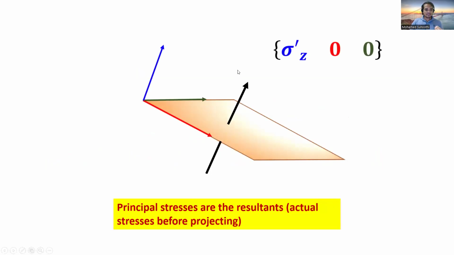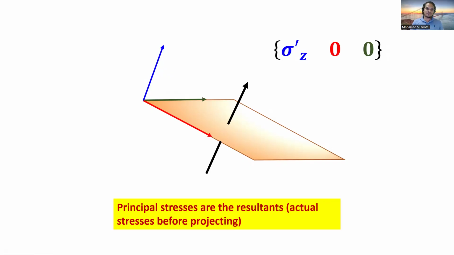So in this case, this is my force. I can directly convert it to a stress. This force is parallel to my z-axis. Here, there is no x and y component, right? Actually, my shear stress is zero. This is my principal stress, right?